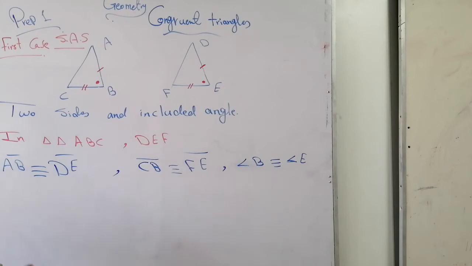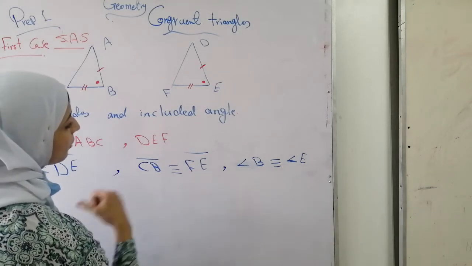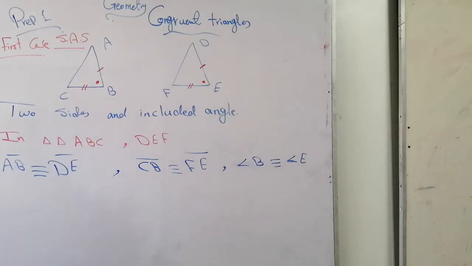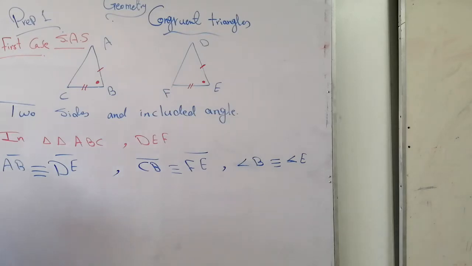The length of AB equals the length of DE, and the length of CB equals the length of FE. The measure of angle B equals the measure of angle E. If I have these 3 elements in these 2 triangles, what should I say then? These 2 triangles are congruent.